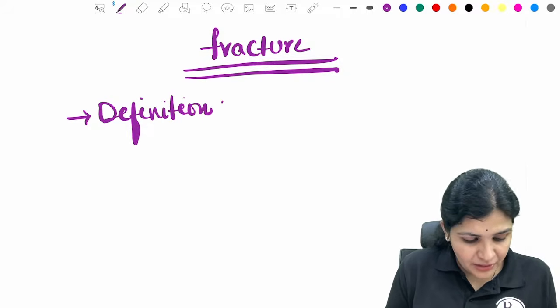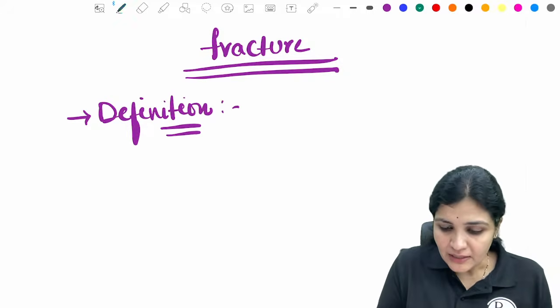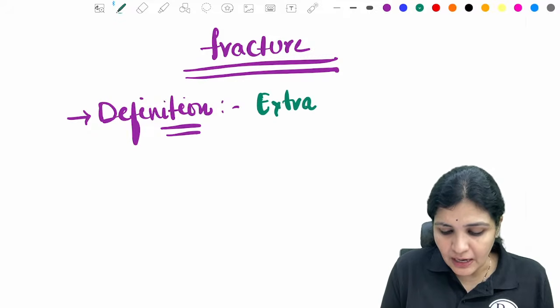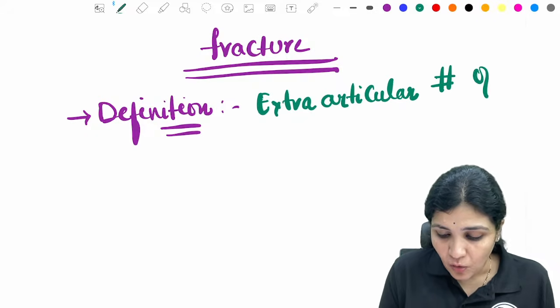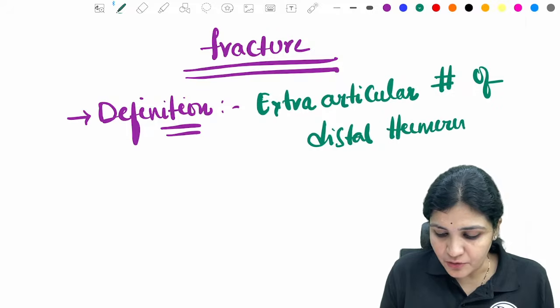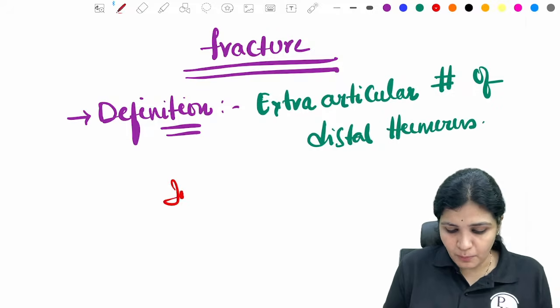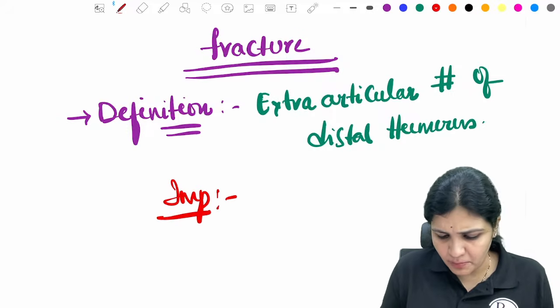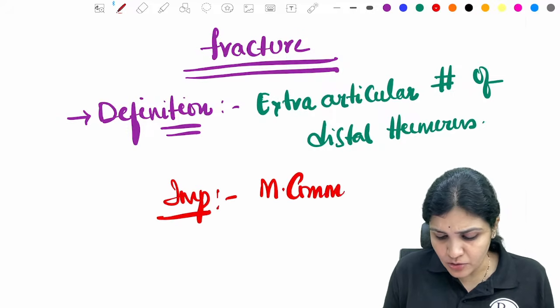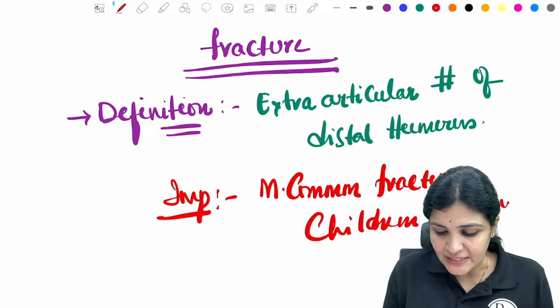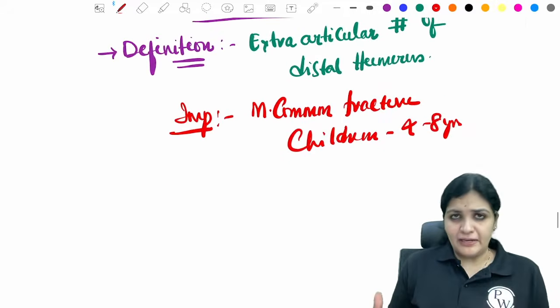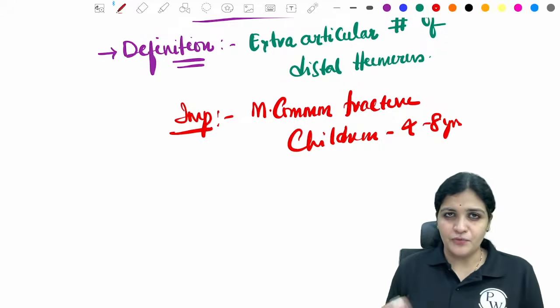So for example, if you are writing about the supracondylar fracture, then you will say it is an extra articular fracture of the distal humerus, right? Then you will say some important points about it. So for example, it is the most common fracture seen in children, about 4 to 8 years. Some important points for each fracture.